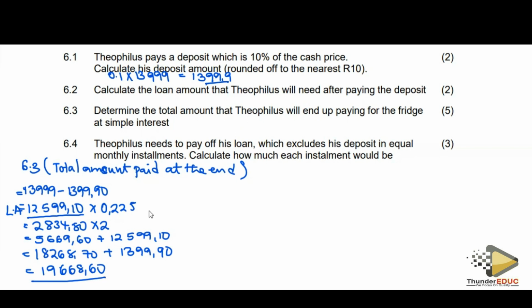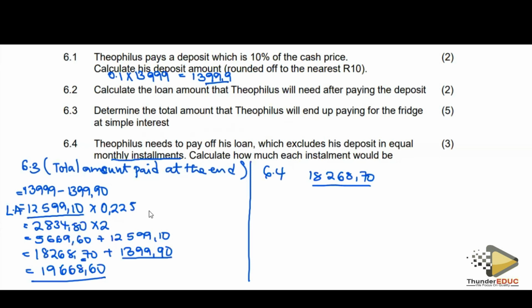All right. Now, when we look at 6.4, they are asking us how much each installment is when he needs to pay off his loan, which excludes the deposit, in equal monthly installments. So remember, we added the deposit. So we pick this number here, which is 18,226.70.